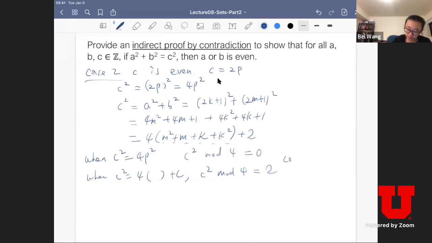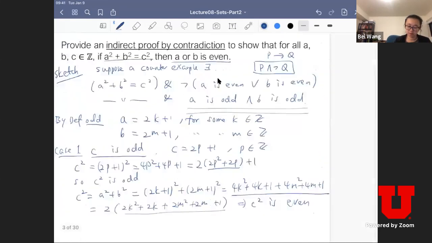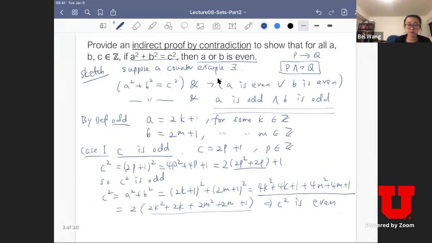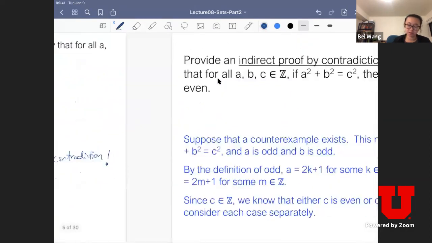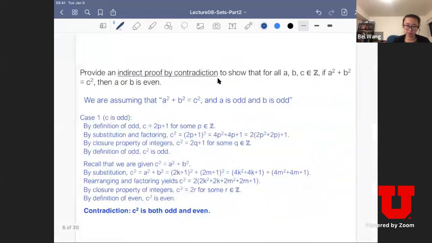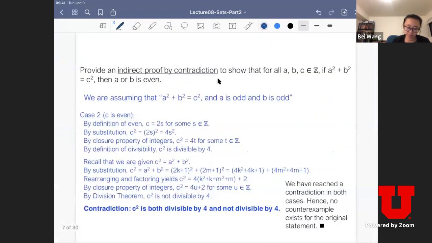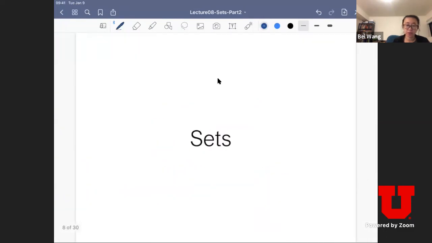So this is a contradiction. So in both cases, it leads to a contradiction, which means the counterexample doesn't exist. If you want to read about it in detail, here are the clearly written out proofs.